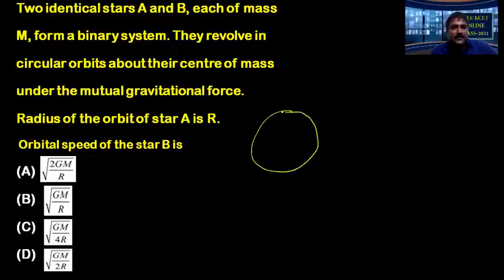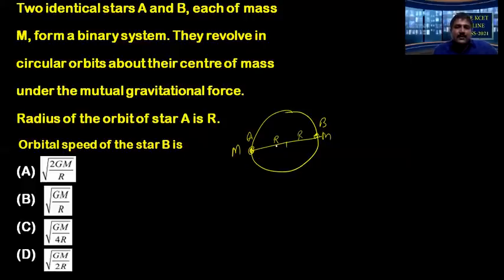So there are two stars, A and B, with masses m and m. Orbital radius of one is given, say r. Other also same, because both are identical.